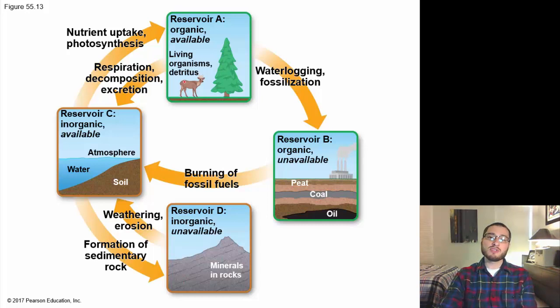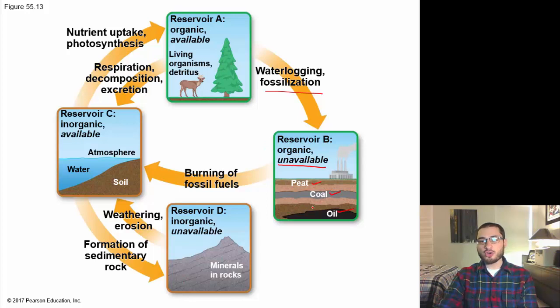Your decomposable material there, and then you're going to have fossilization and waterlogging, which is going to create this reservoir B, where you have organic material, but it is unavailable now.